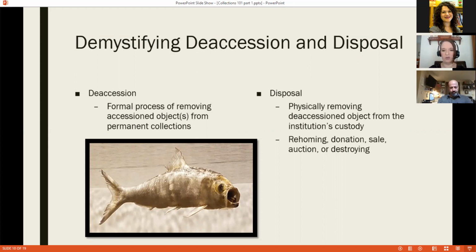And then disposal is almost equally terrifying because it sounds like you're just throwing it in the trash, but you're removing it from the institution and rehoming it through a variety of methods. The most accepted ones are donating it to another institution who might be able to use it. Sale and auction are also quite common. And then destruction is the last method that you would consider, because the idea of destroying anything is kind of unfortunate in my opinion.